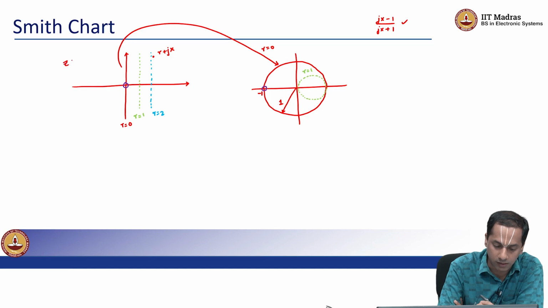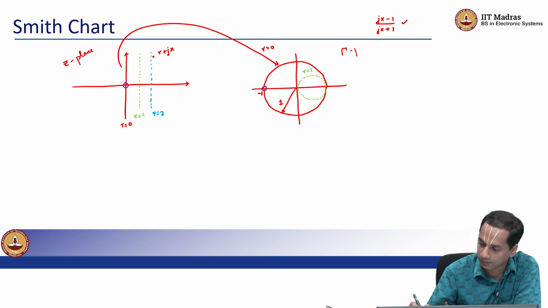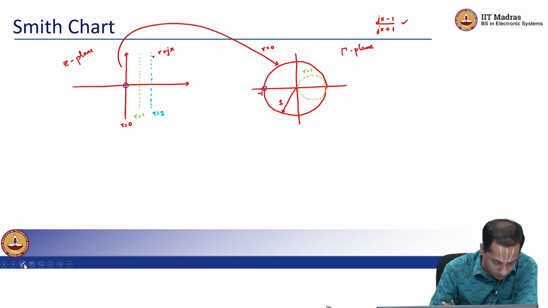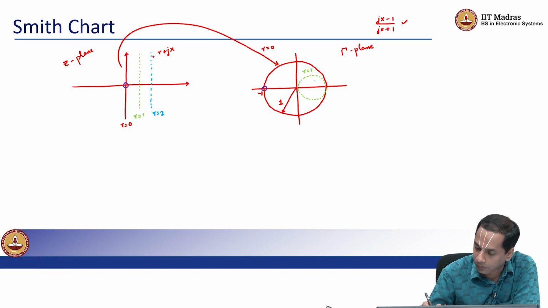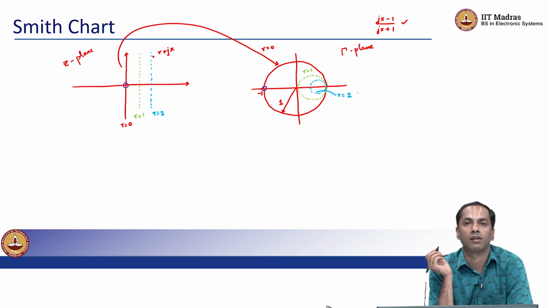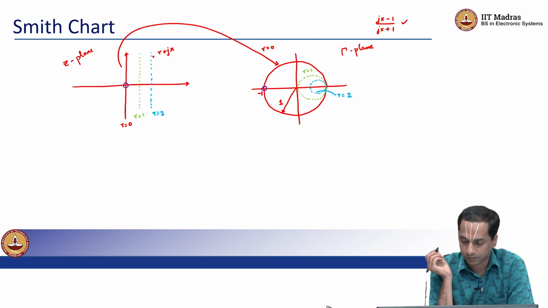Okay, so this is the load plane and this is the gamma plane. And if I look at r equals 2, it will essentially form smaller and smaller circles for larger and larger values of r, right? So this is the mapping that's happening for constant resistance.